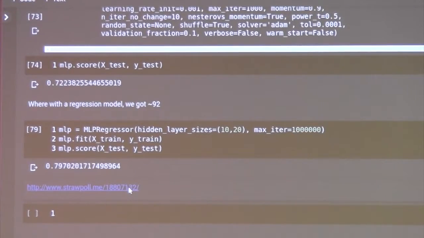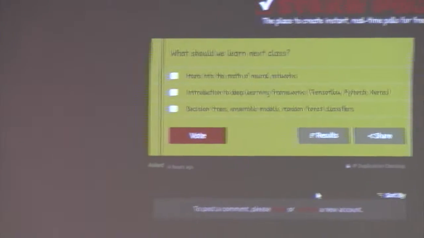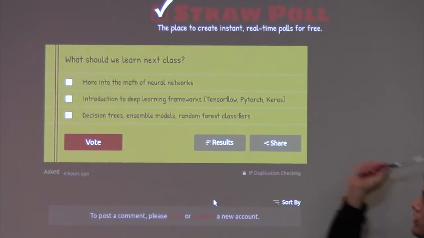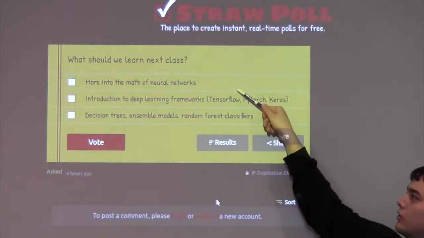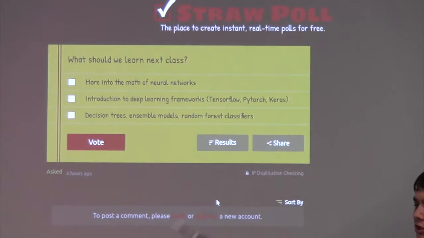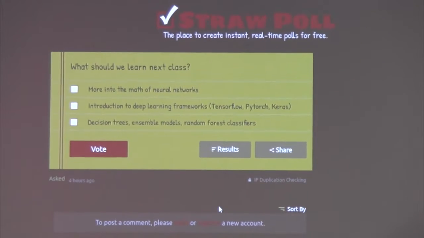There's a straw poll here at the very bottom of the meetup screen. Option one, we can learn more about the math of neural networks, and also talk about some of those more advanced things like the different optimizers, different regularizations, et cetera, more stuff to improve your network.